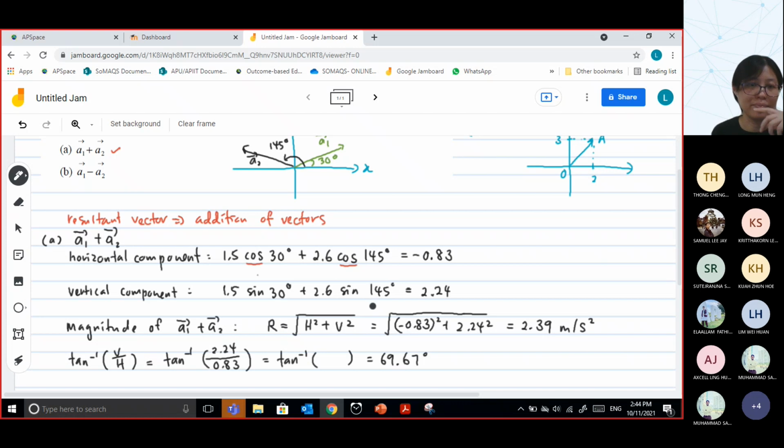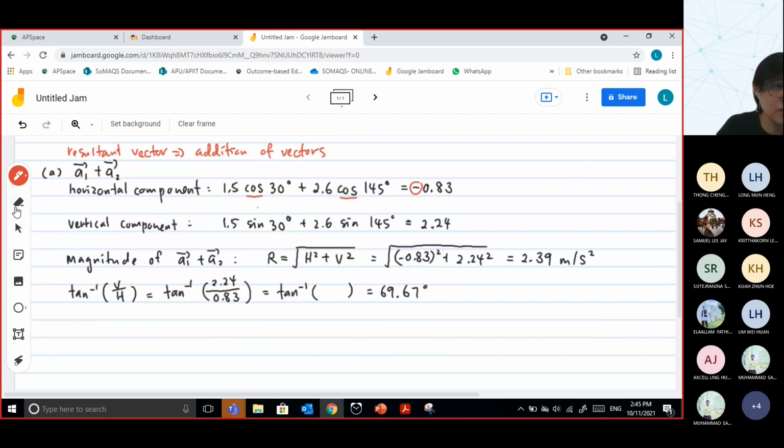Now my next question. Which quadrant is the resultant vector? How do you identify which quadrant? For the sign, horizontal is negative, vertical is positive. Second quadrant. Yes, correct. So let's find the angle for second quadrant.